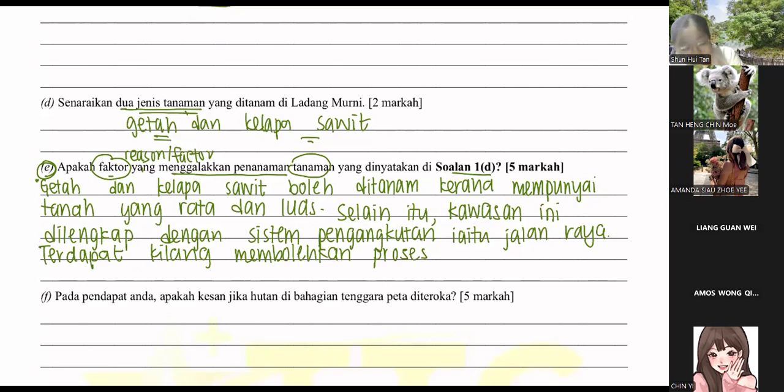Okay, proses bahan. Sorry, not barang, bahan. Barang asas getah dan kelapa sawit means, oh, there is a factory can make barang that based on it.